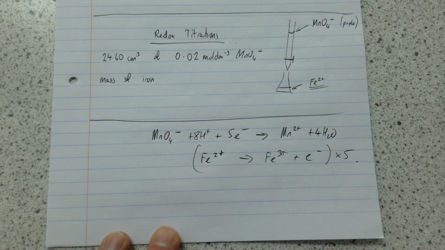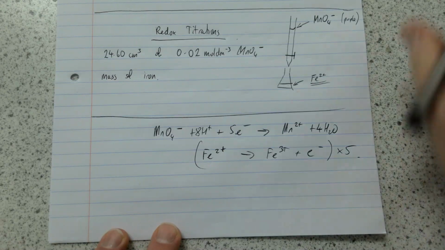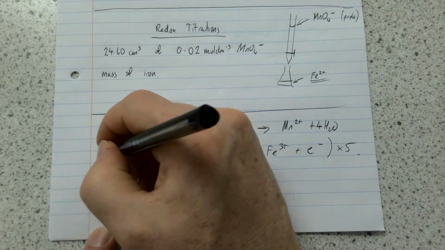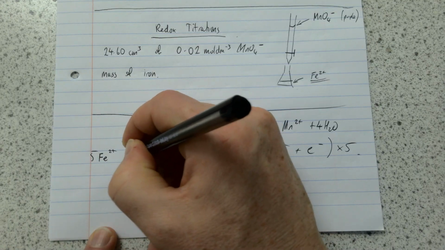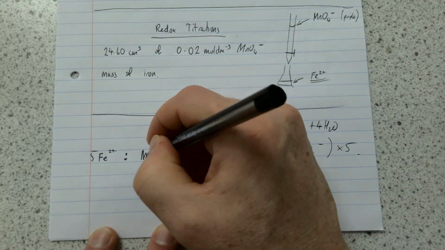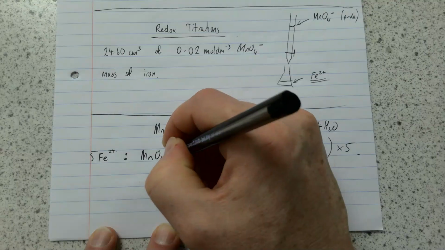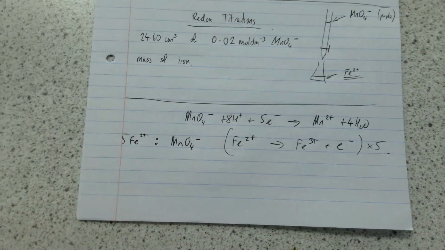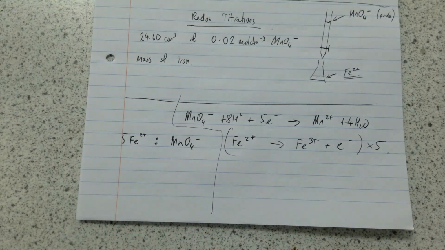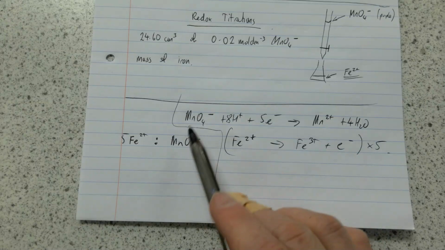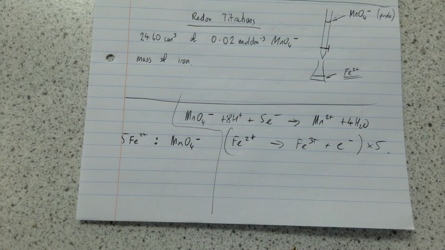When you combine them, you end up with 5 lots of Fe2 plus to 1 lot of the manganate 7. Just for time reasons, I'm not going to fully write out the balanced equation, but it's just this here with the electrons missing. So 5 lots of iron 2 plus, 8 hydrogen ions, Mn2 plus, 4 waters and 5 iron 3 ions.